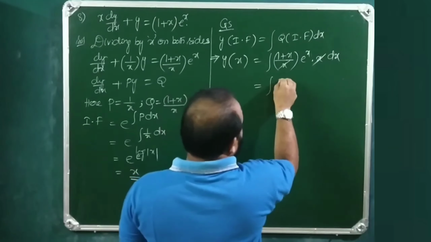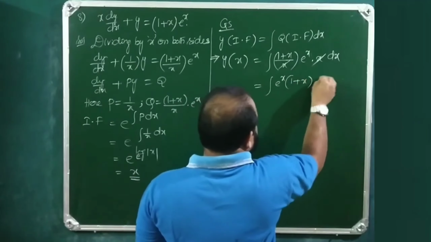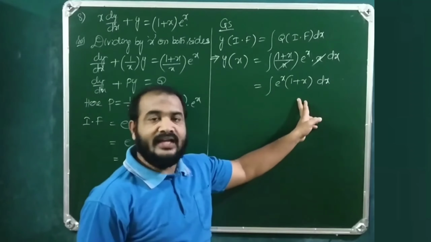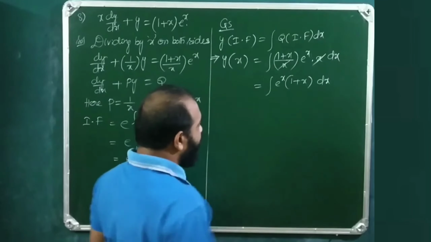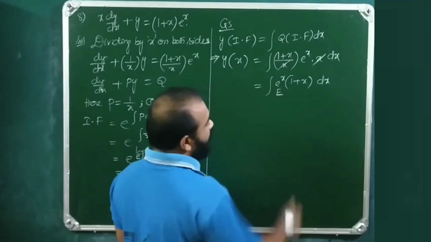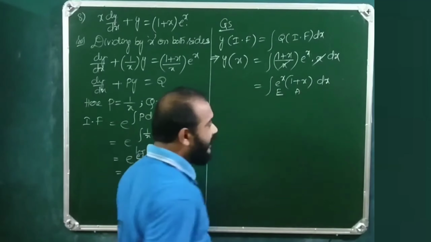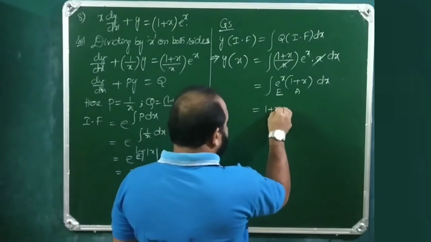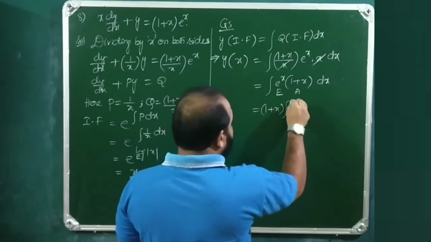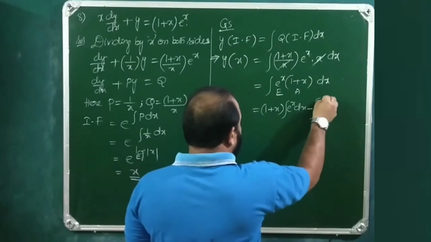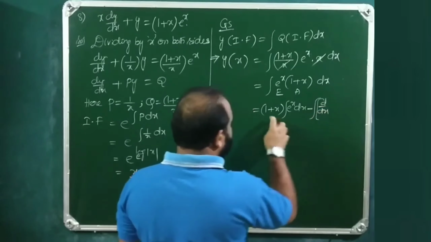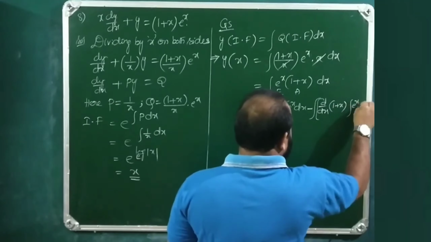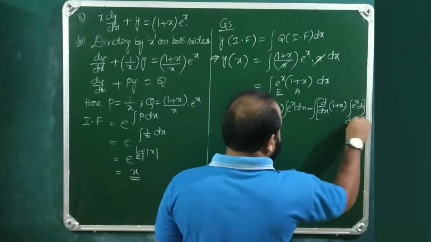This is integral of e power x into (1 plus x) dx. Now this is a product of two functions. I let e power x be the exponential function and 1 plus x the algebraic function. I let the algebraic function come first and then e power x. So first function into integral of second function dx, minus integral of d by dx of first function into integral of second function dx, whole dx.